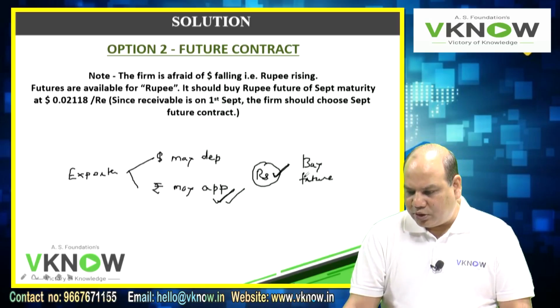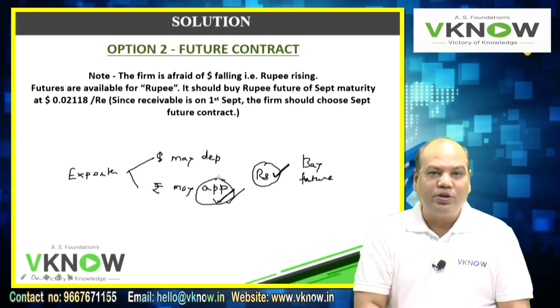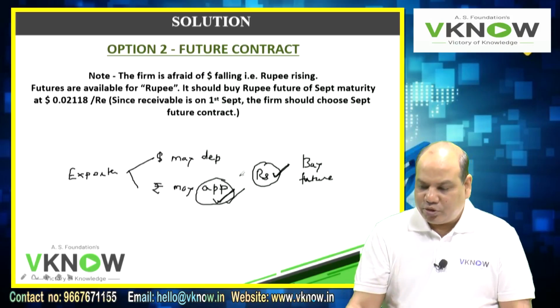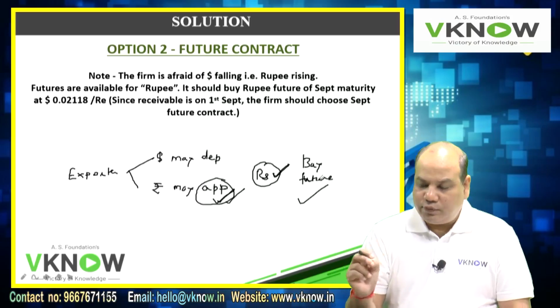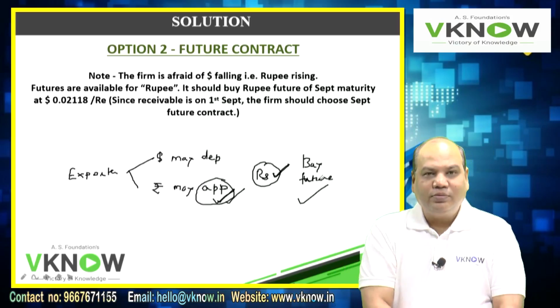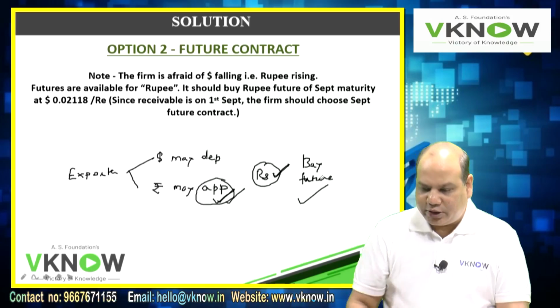So if the rupee really appreciates, there will be loss on converting dollar into rupees on maturity, but there will be gain on future. Gain on future to some extent will compensate for the loss on converting dollar into rupees on spot on maturity date.